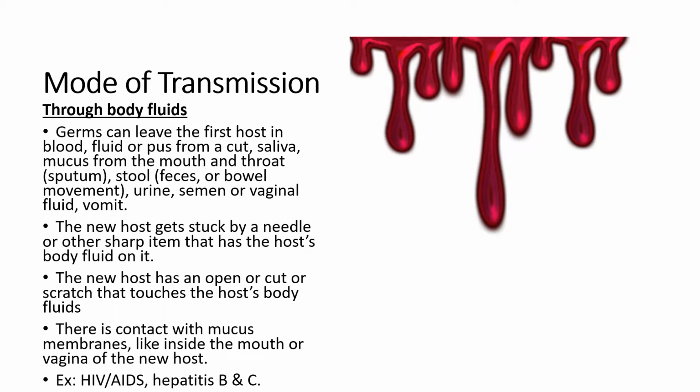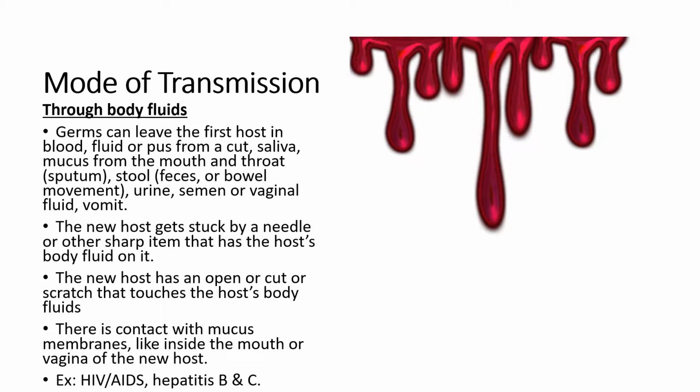It can also be transmitted through body fluids. Body fluids are parts of the body that are mostly liquid. They include blood, pus, fluids from the penis or vagina, mucus, saliva, stools, urine, or vomit.